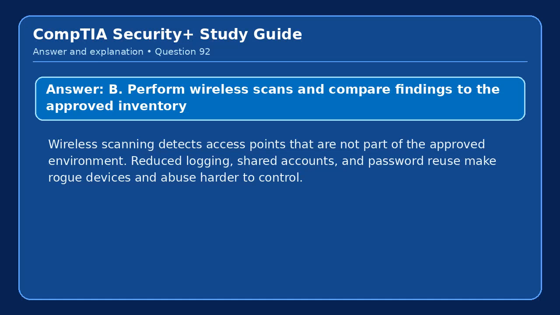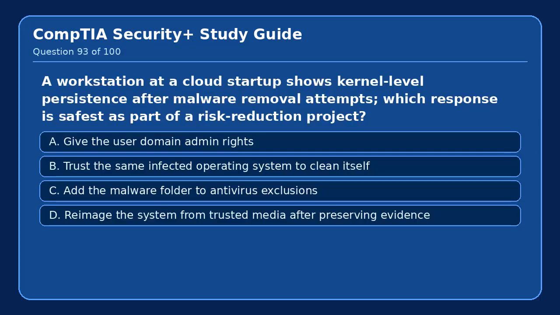Take a moment to choose your answer. The answer is A. Prioritize patching or mitigation based on severity, exposure, and exploitability. Risk-based prioritization focuses remediation on flaws most likely to be exploited and most damaging. Low-risk first patching, isolated only patching, and disabled reporting fail to address urgent exposure.